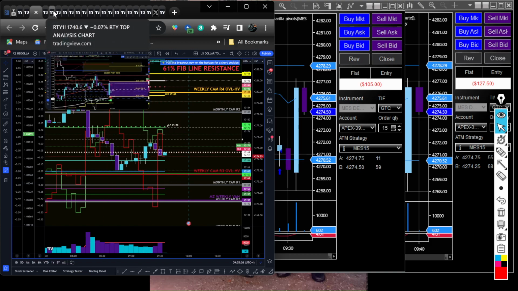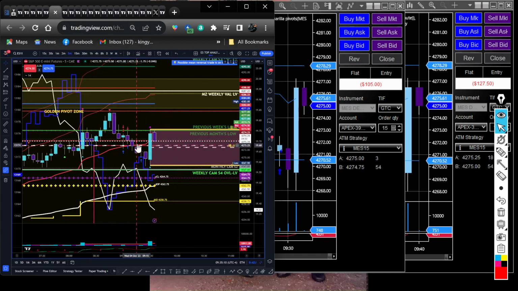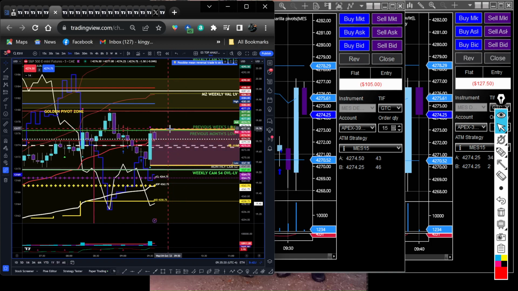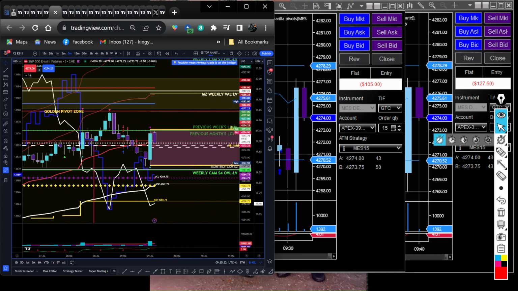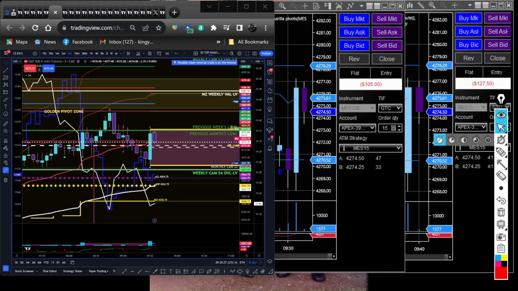All right, so let's see what's happening on the ES. Maybe this is the level they want to reject off of. I still think we might move a little higher though. On Bookmap, we're at the developing volume point of control, which is approximately 42.74.